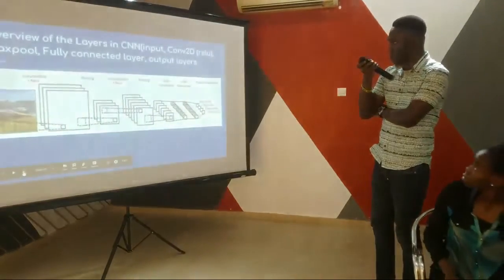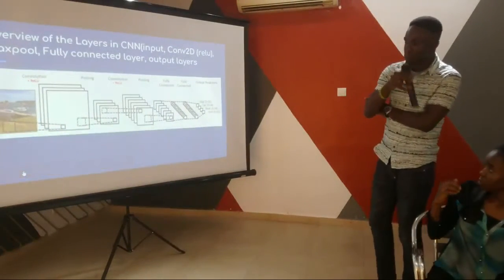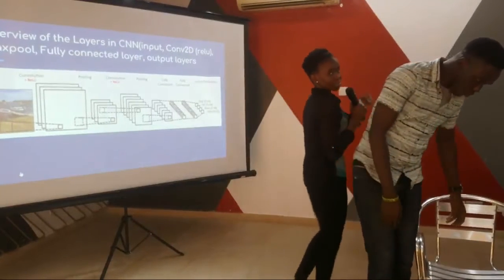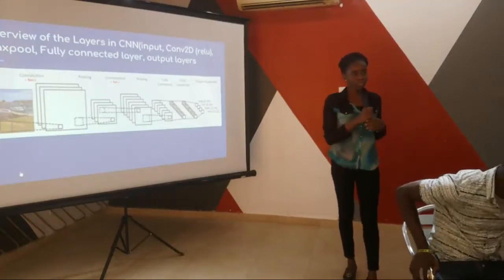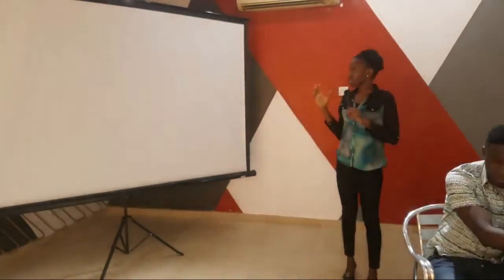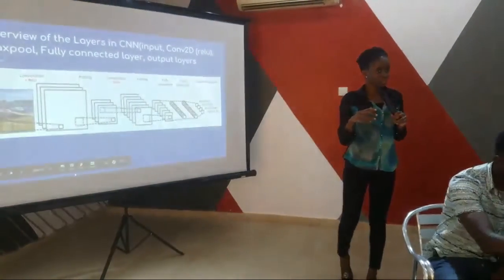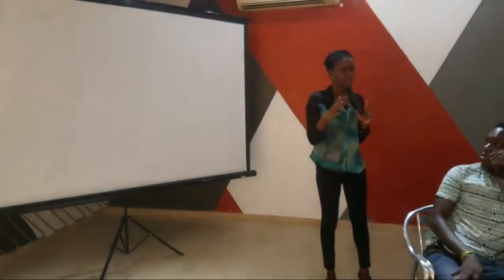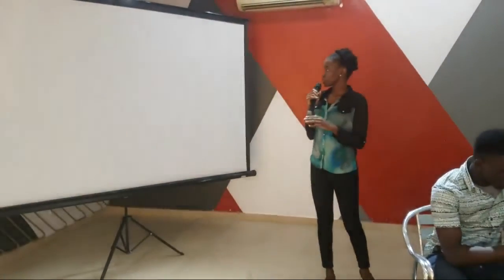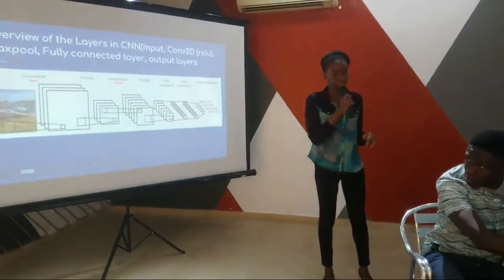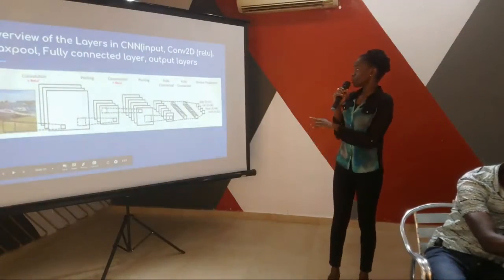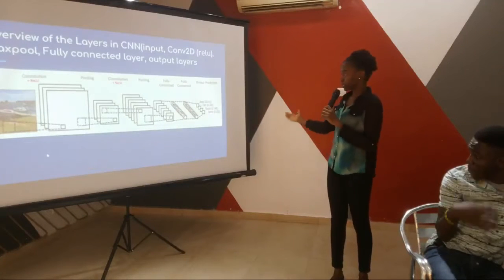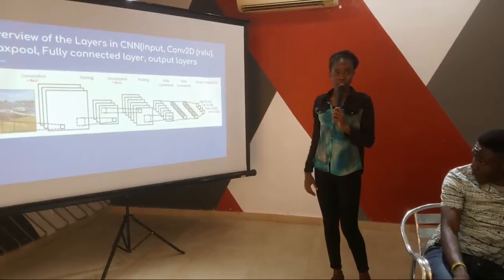It is like a stack of layers, using the convolutional layers, the max pooling, then the fully connected layer and the output layer, and then it predicts. So this is just an example of what the CNN looks like.